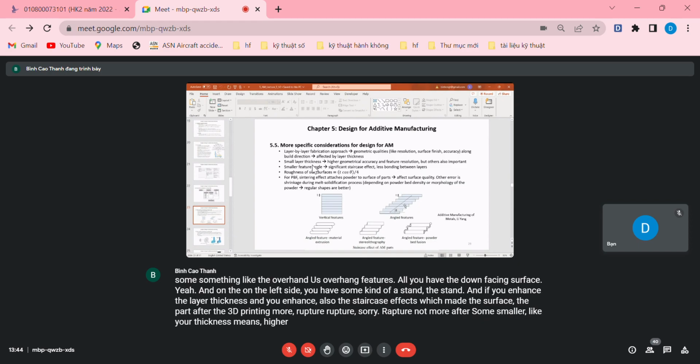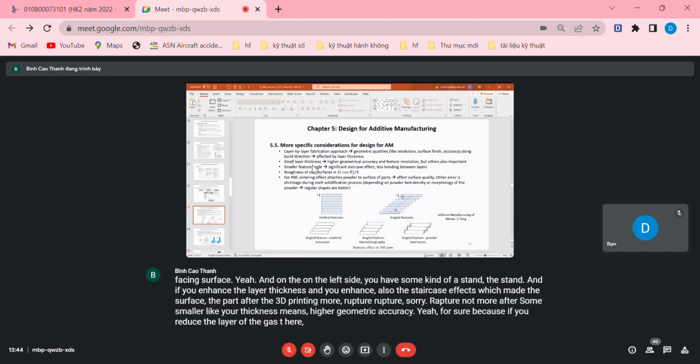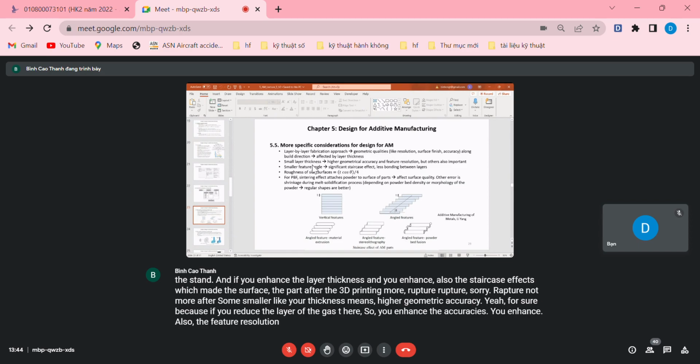Smaller layer thickness means higher geometrical accuracy. For sure, because if you reduce the layer thickness t here, you enhance the accuracy, and you also enhance the feature resolution.